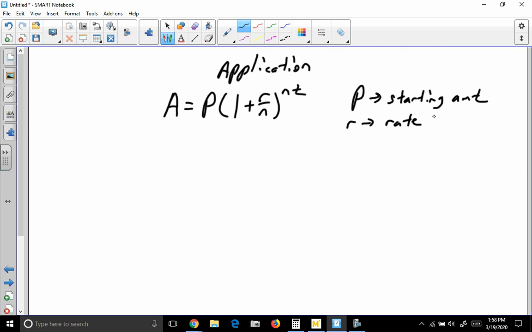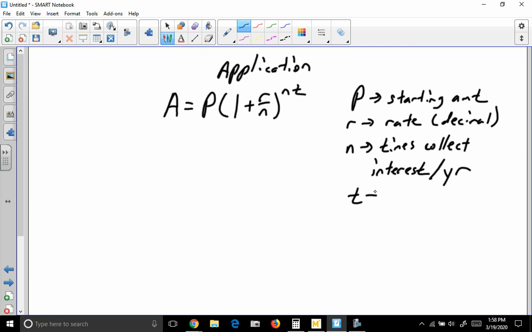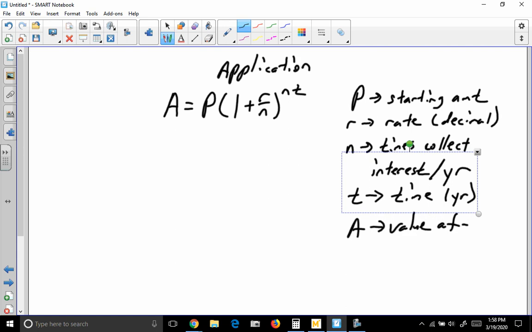It's going to give it to us as a percent, but we want to put it as a decimal into our formula. N is the number of times we collect interest per year, or pay interest depending on which end we're on. And T is the time, which is going to be years.